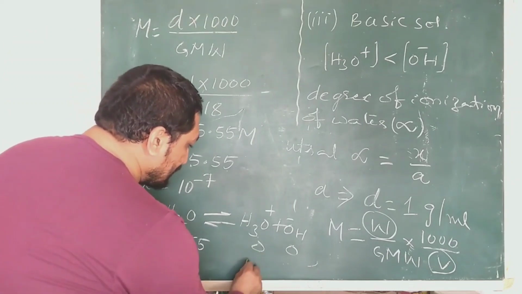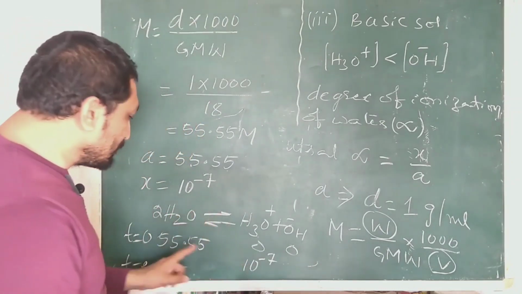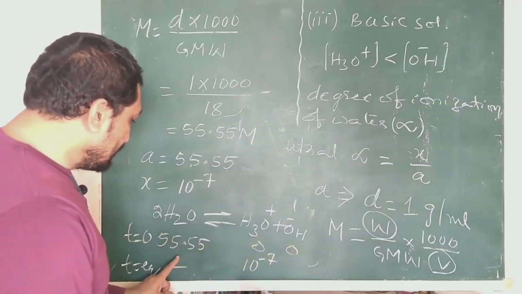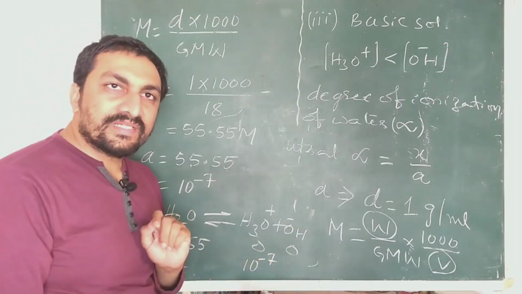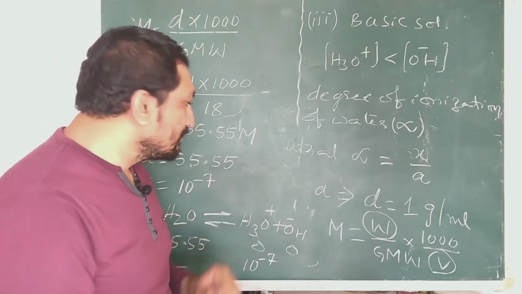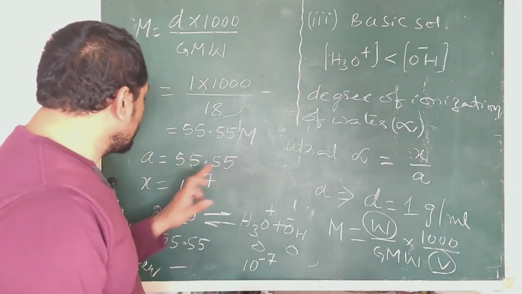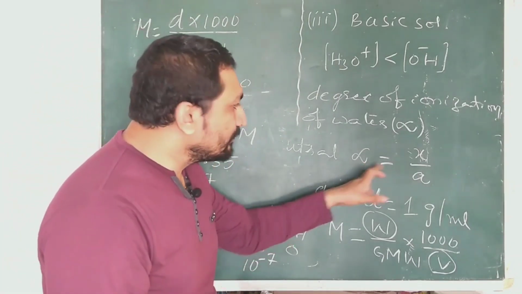H3O plus concentration is equal to 10 to the power minus 7 and OH minus concentration is also 10 to the power minus 7. From where did I get this? Because we have written the Kw formula. In the Kw formula, H3O plus concentration is equal to OH minus concentration. They are equilibrium concentrations only. Getting or not? Okay, now A we got, x we got. So therefore we can get alpha.